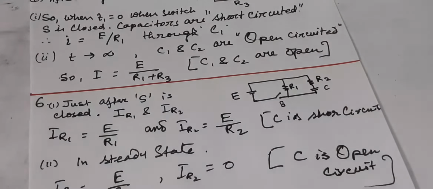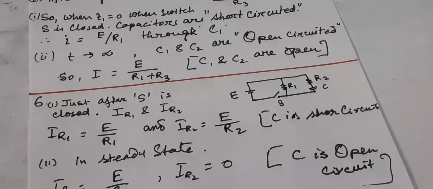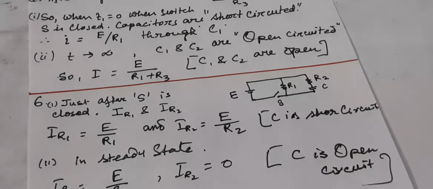Now next, number 6. Just after S is closed, find out the current through R1 resistance and R2 resistance. As earlier, here there is a capacitor in the line of R2 resistance.